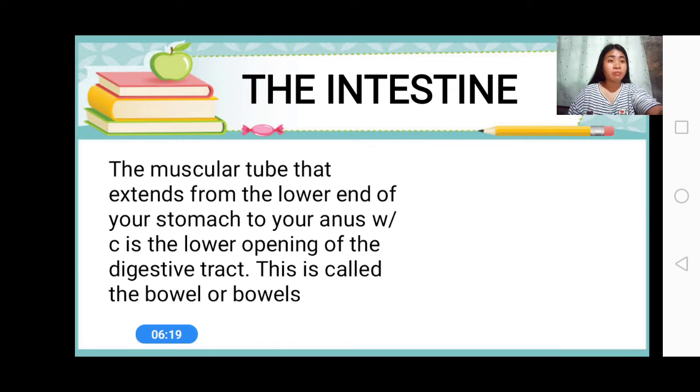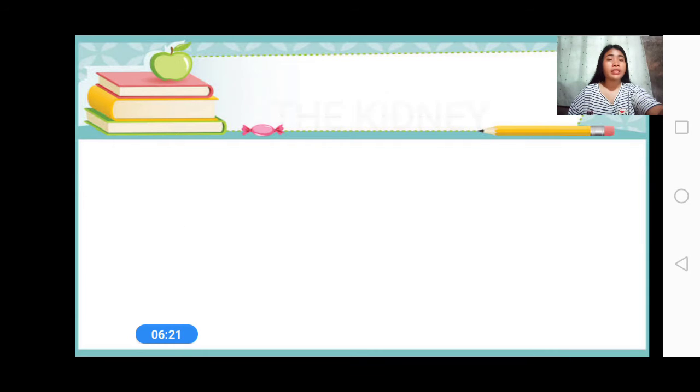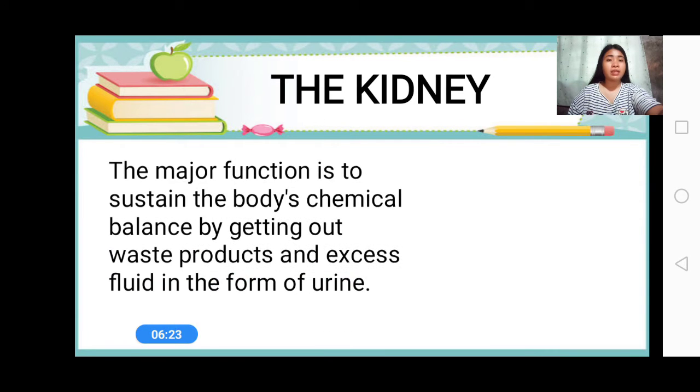Do you understand me? Okay, and then we have the kidney. When we say the kidney, the major function of the kidney is to sustain the body's chemical balance by getting out waste products and excess fluids in the form of urine. Okay, that is the kidney. How many kidneys do we have? Two.